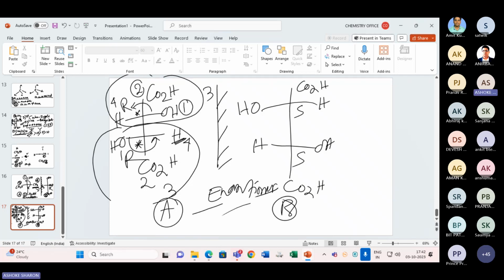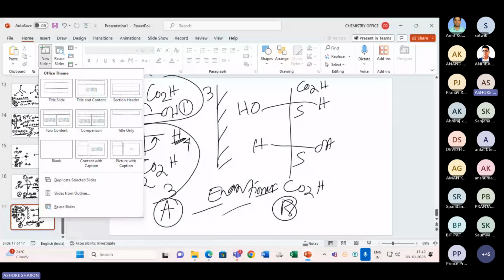Enantiomer means the two compounds are mirror images of each other. Previously I explained only one chiral center. Here you can see in both cases you have two chiral centers. Clear? So even with two chiral centers, this molecule will be an enantiomer.